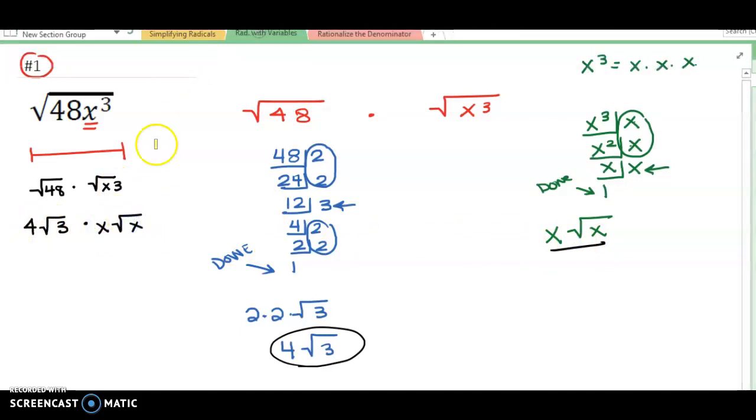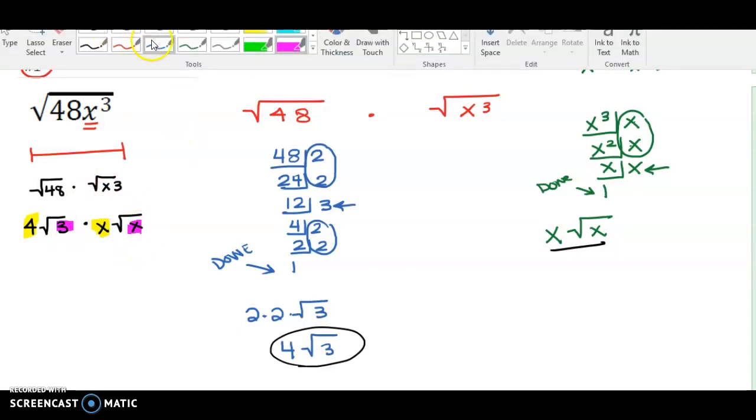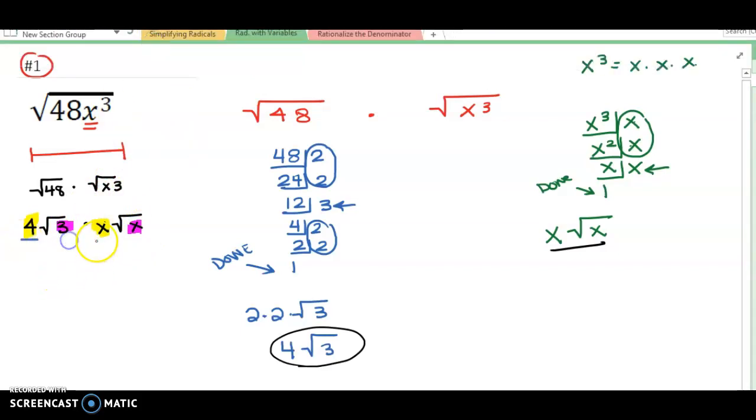Now I'm going to highlight everything that's not inside of the square root, and in a different color everything that is inside of a square root. So I'm going to put what's not in the square root together and multiply them. So 4x square root of, what's in purple is 3x, and that's in the square root. This is my final answer.